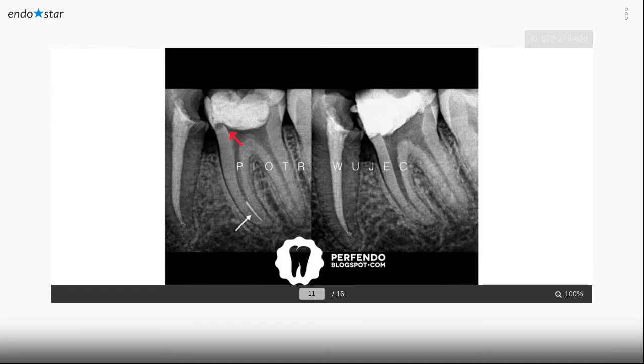You can see this dentine triangle is covering the orifice, but after I prepare a straight line access, I was able to see the broken instrument inside the canal, loosen it a little bit with the ultrasonics, and catch it with a small injection needle. That was a shaping file from my colleague who sent me the patient and asked me, I'm begging you, Peter, please remove this broken file and I will do the rest of the treatment.